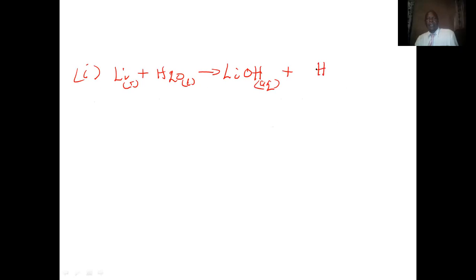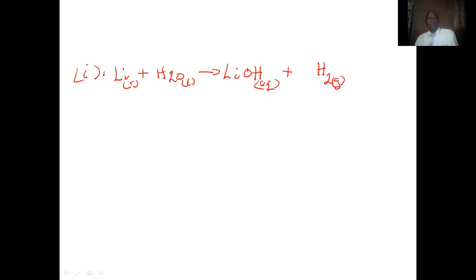Lithium will also react with water, which is a liquid, this is a solid, to form lithium hydroxide, which is aqueous, plus hydrogen gas.